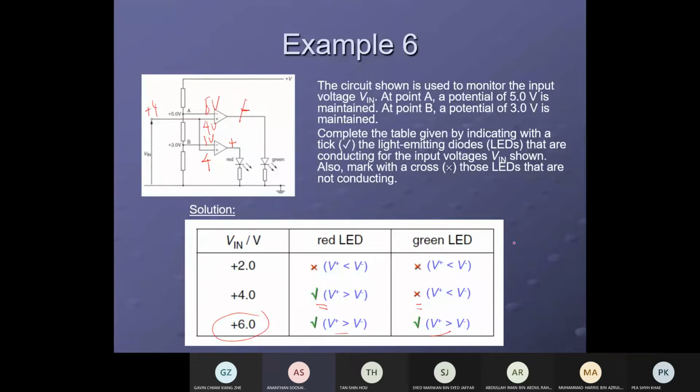This is like a circuit maybe checking the level of heat, maybe in a room. Positive 4 means maybe the heat in the room is slightly higher, when the red lights up.